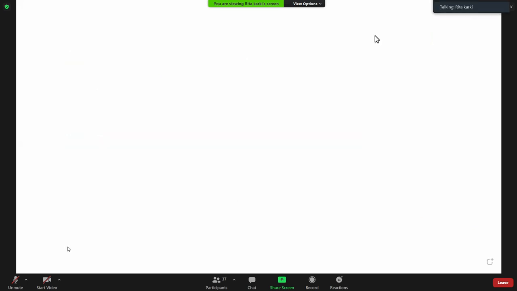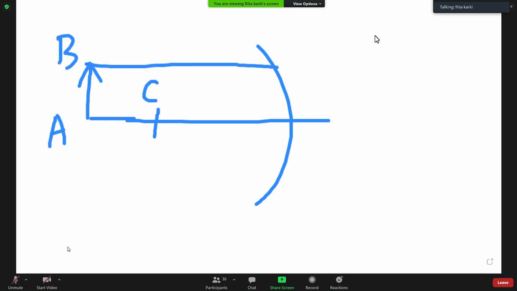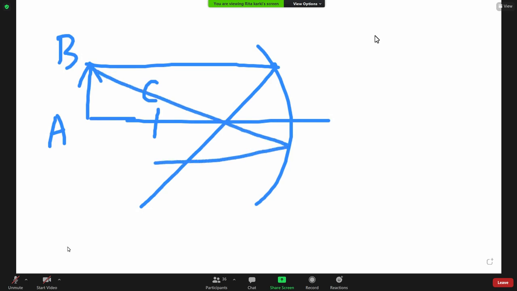Here, if the object is placed beyond the center of curvature, what happens? The image formed by the concave mirror will be in between the center of curvature and the principal focus, and these images will also be real, inverted and diminished.